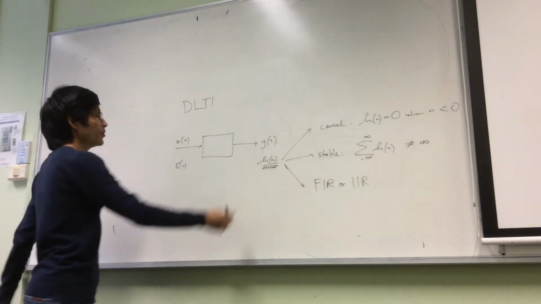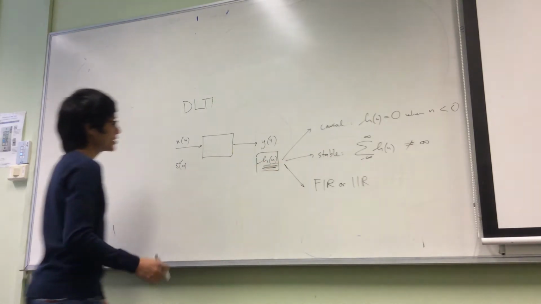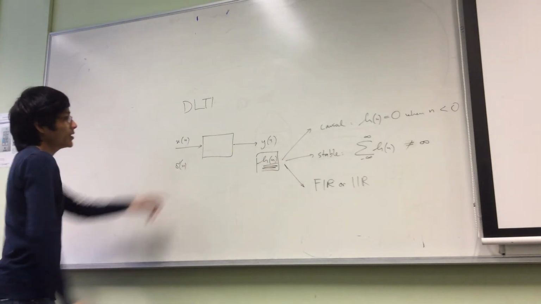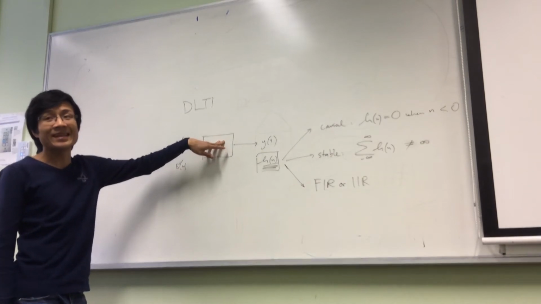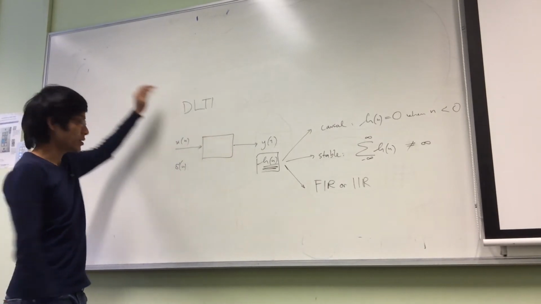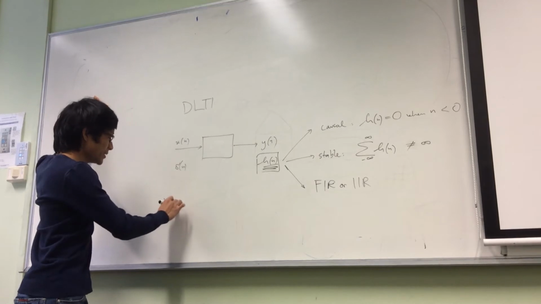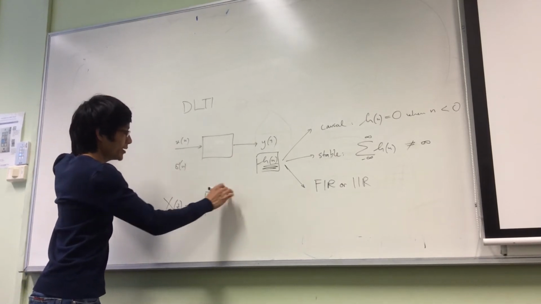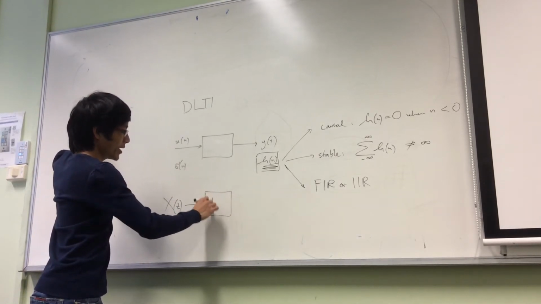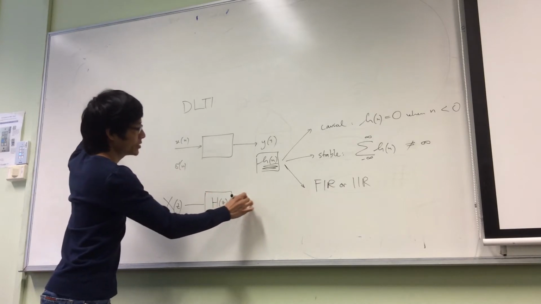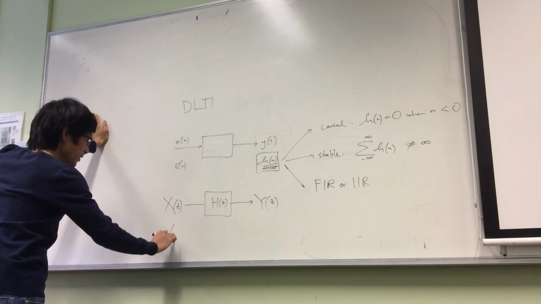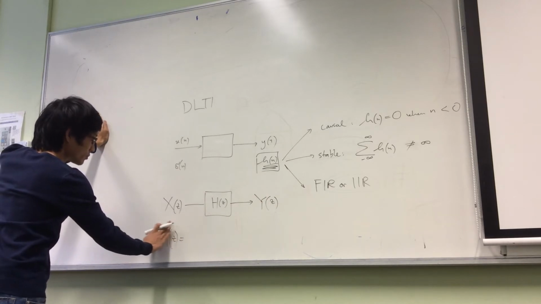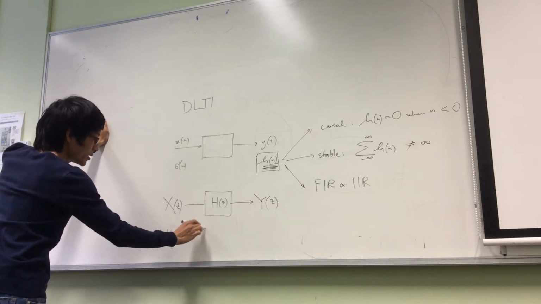So how about the other characteristics? In order to find the transfer function, we use the Z transform. We transform them into the Z domain, so this one will be H(z), this one is Y(z), and this is X(z). We can say H(z) equals Y(z) over X(z).